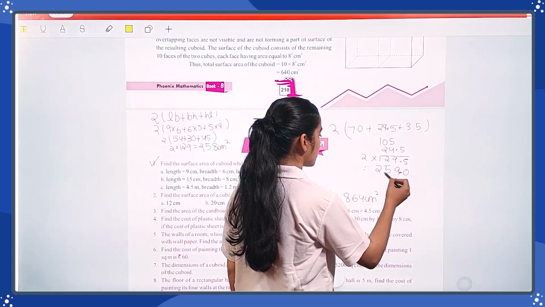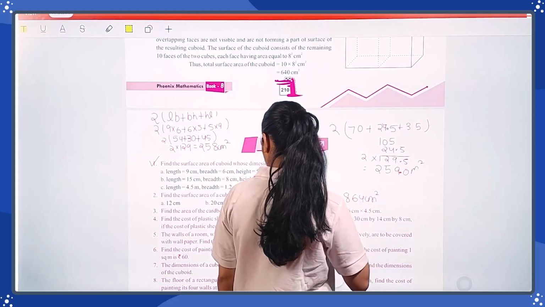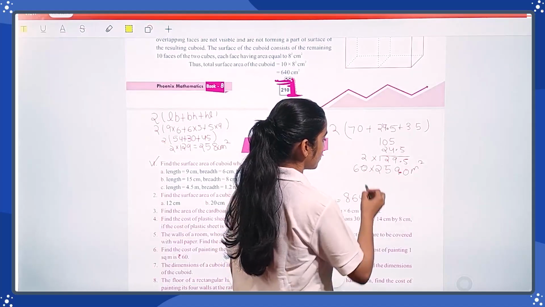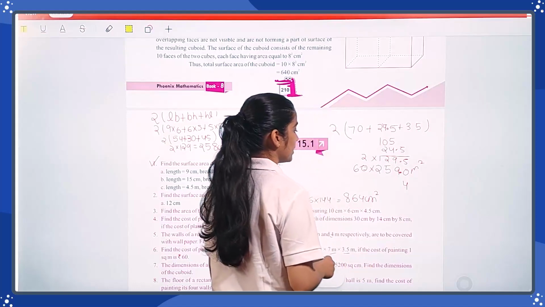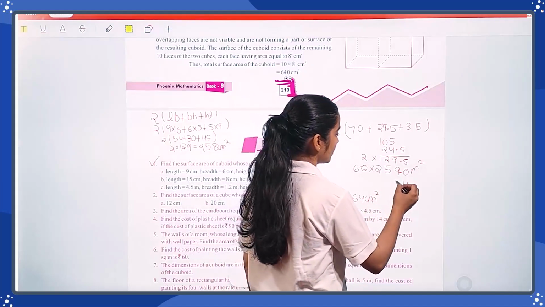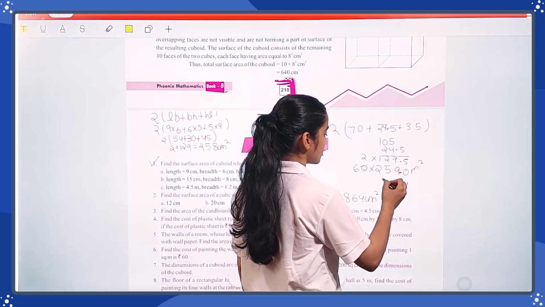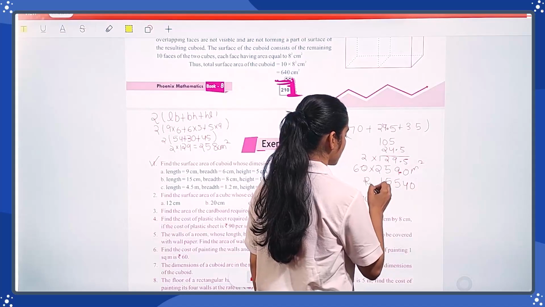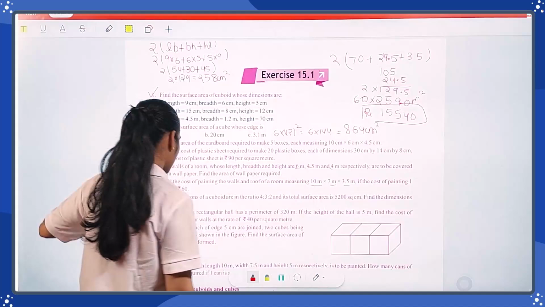So your answer is 259 meter square, and you have to multiply it with 60 to find the cost. 6 9s are 54, 6 5s are 30 plus 5 is 35, 6 2s are 12 plus 3 is 15. So this is your cost. You can solve the rest of the questions in the same way.